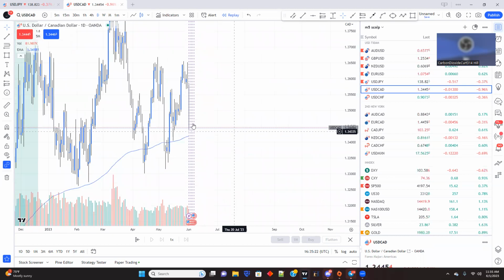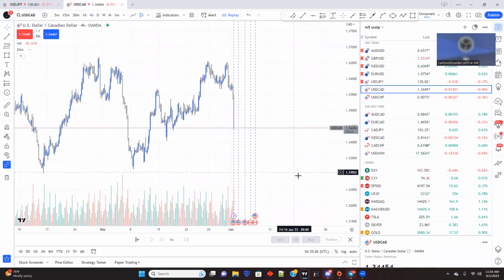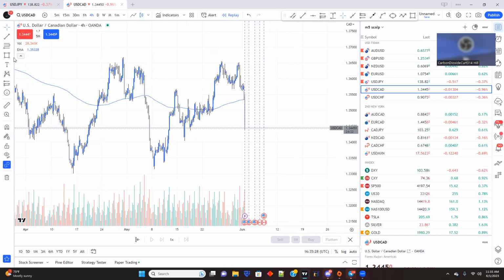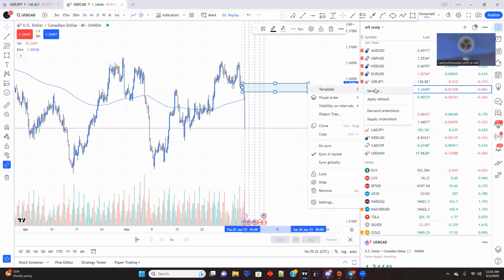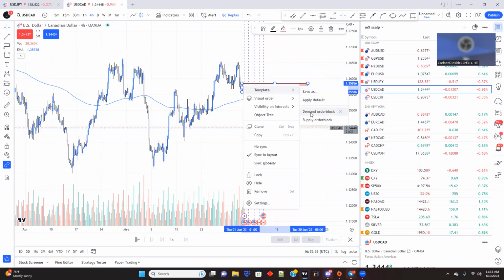Today, it dumped. Today was a big dump. Now you come to lower time frame, there's a supply right there now, but it's still on the uptrend on a higher time frame.